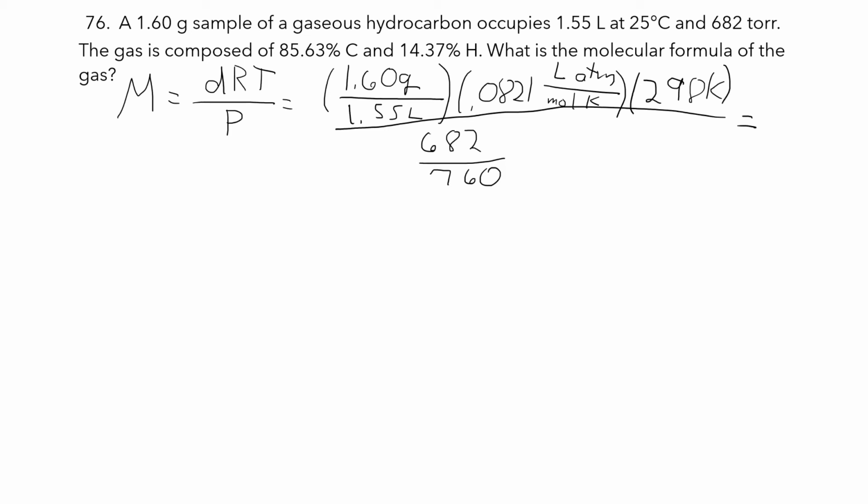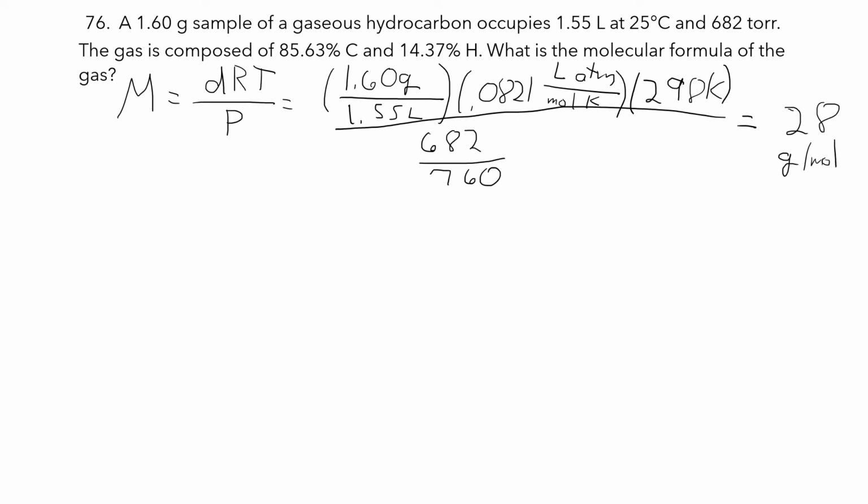If you're not real comfortable running that through your calculator all at once, hopefully I get it through successfully the first time. And I ended up with a molar mass of 28 grams per mole. All right, so now we know the molar mass.